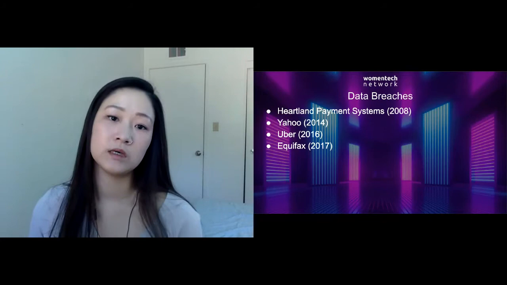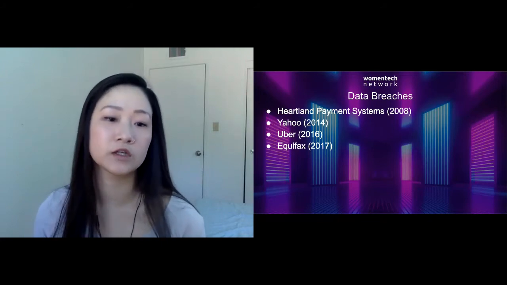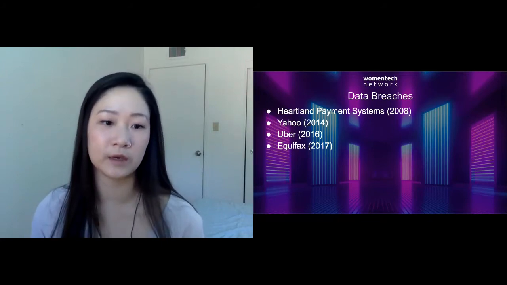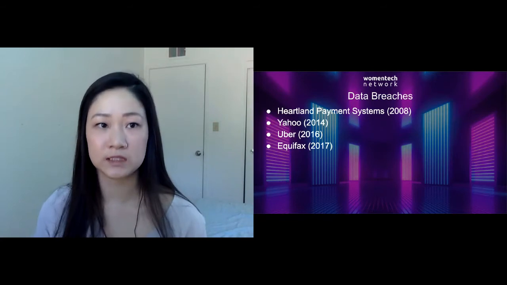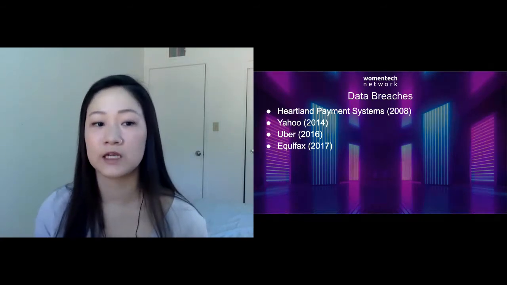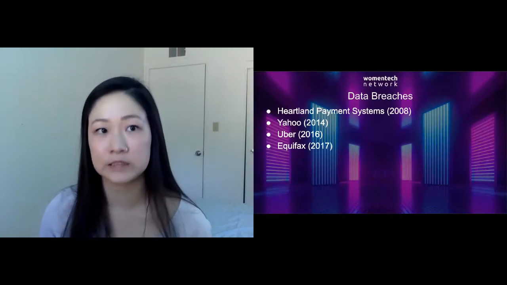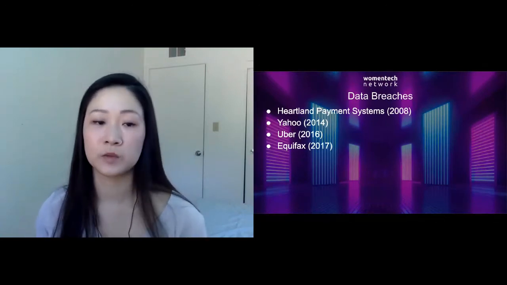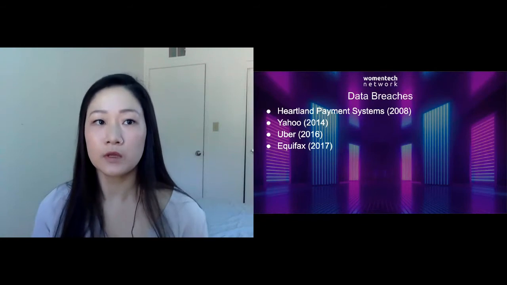And then one of the largest data breaches ever was Equifax in 2017. They are a credit bureau here in the US, and it was actually another application vulnerability on the consumer complaint web portal.